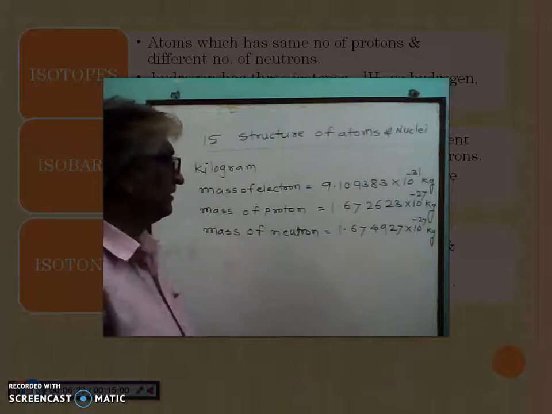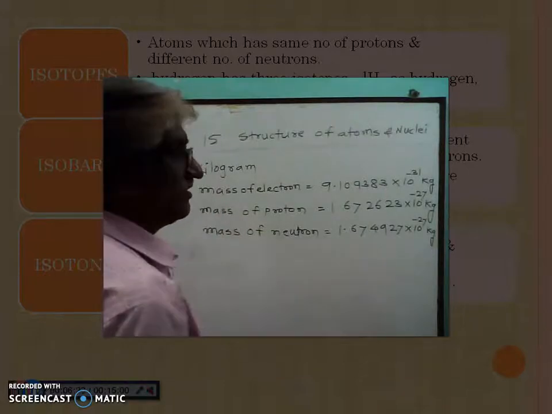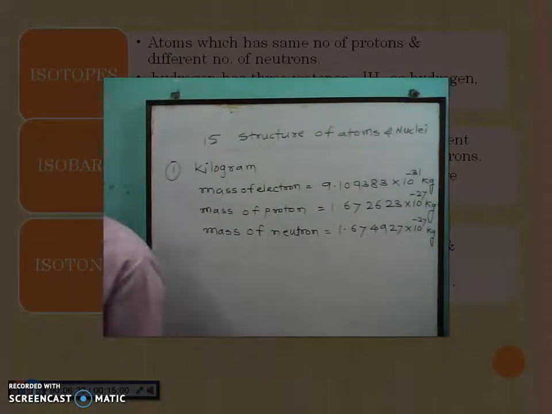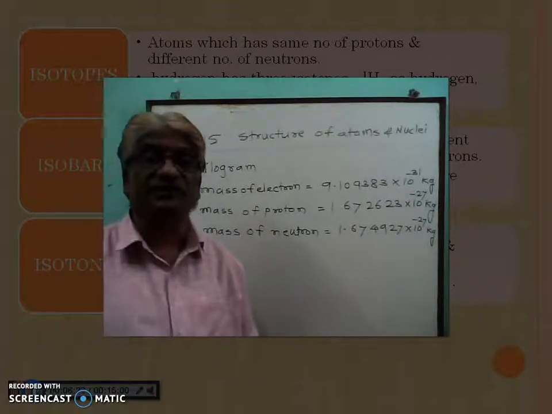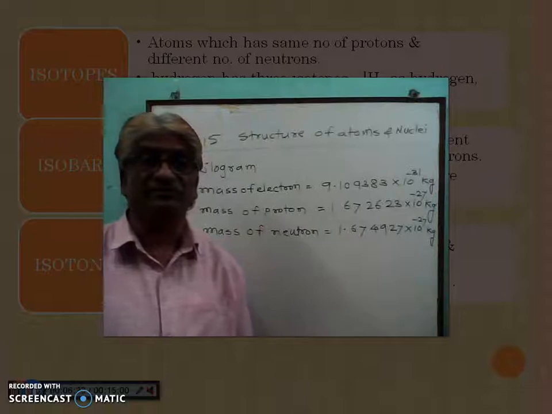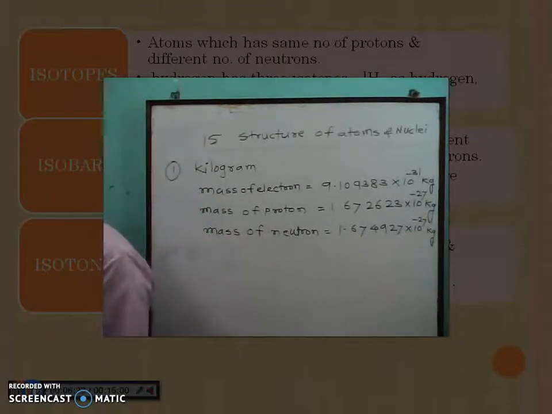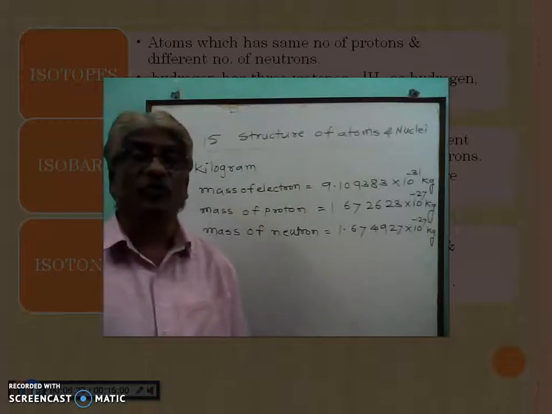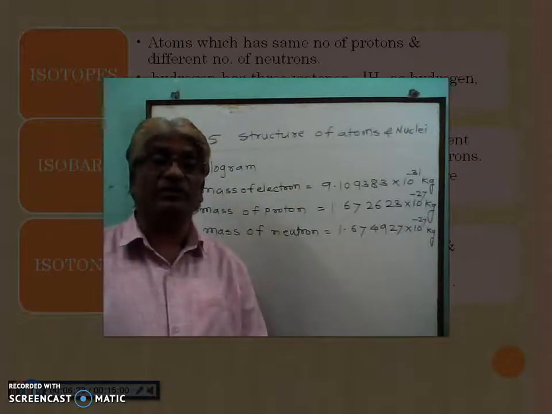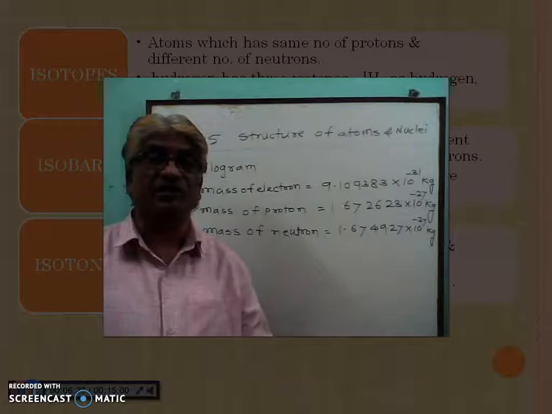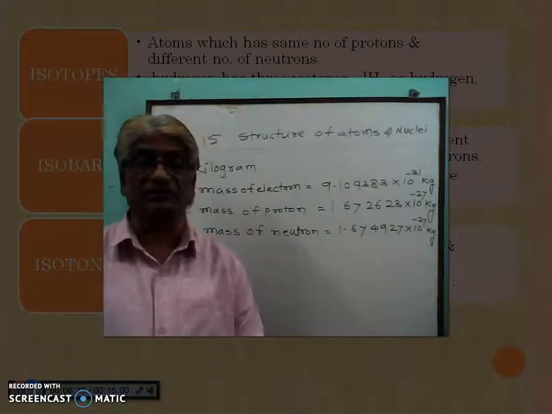These three subatomic particles are extremely small compared to 1. Due to this, the kilogram unit is not convenient in atomic physics for the subatomic particles.